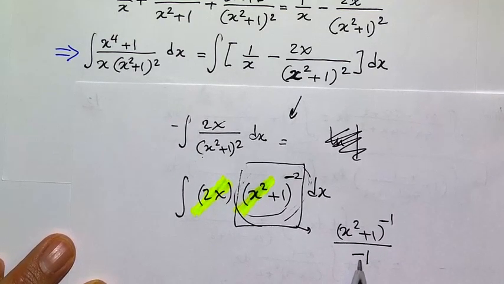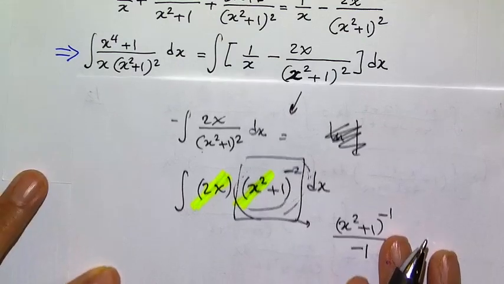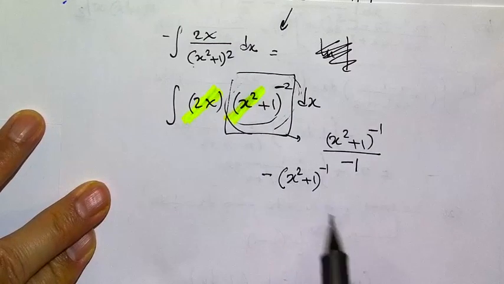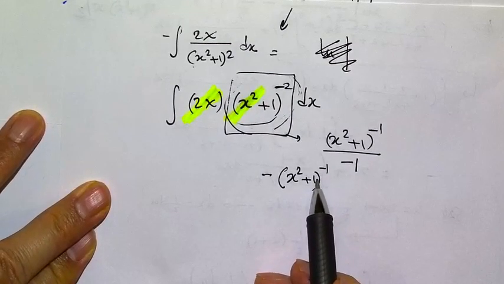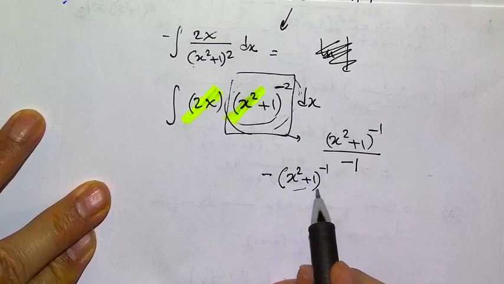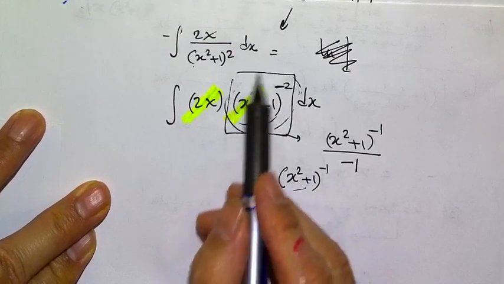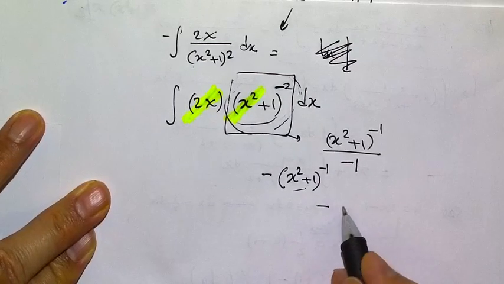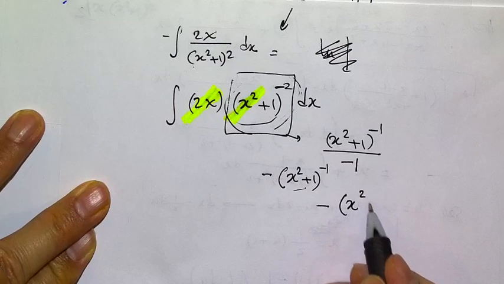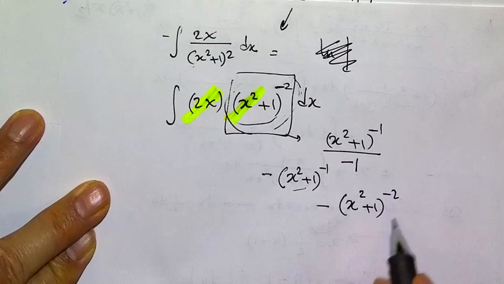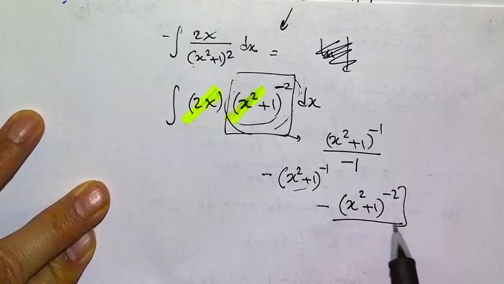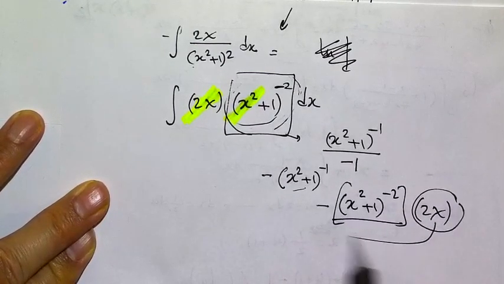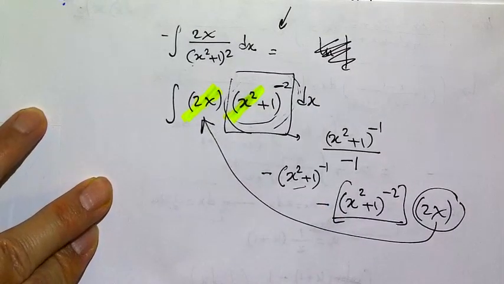So we have minus x squared plus 1 to minus 1. Let us take the derivative of this now, just to test if we get this back. So we get minus x squared plus 1 to the minus 2 by the chain rule times 2x, right? We get 2x, but 2x is already there, so that's what we want.